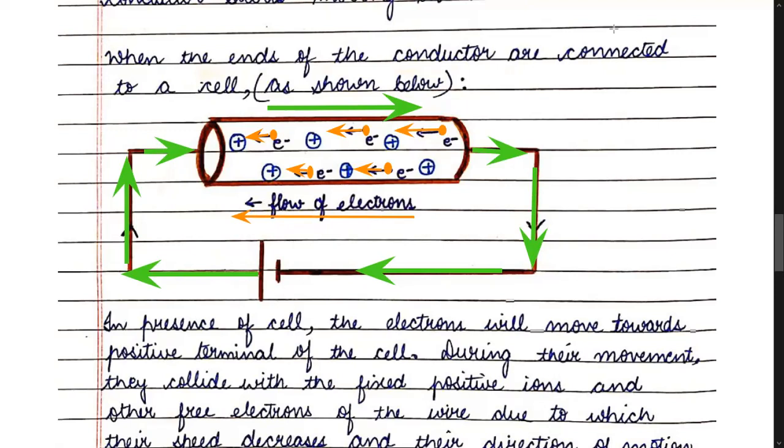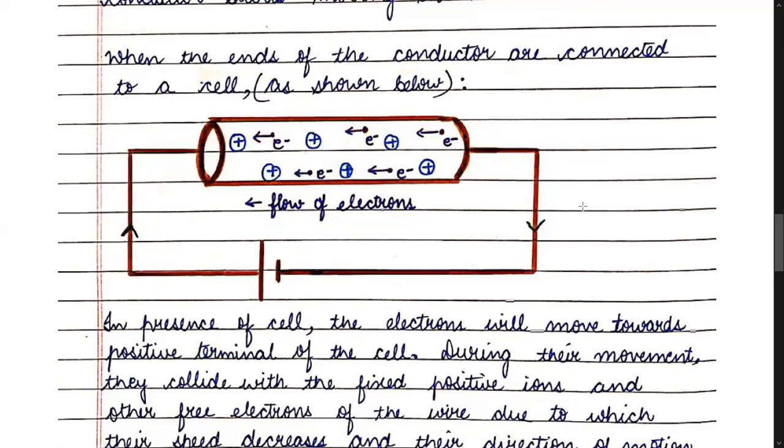Towards the positive terminal of the cell, since the positive terminal is attracting the negatively charged particles. Students, kindly remember that the positive metal ions remain stationary.